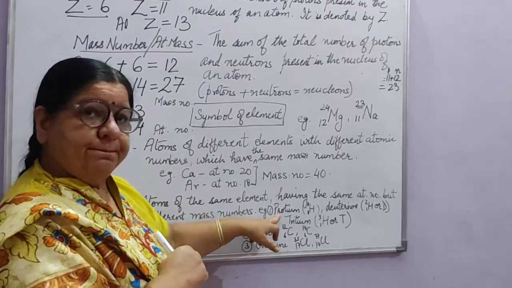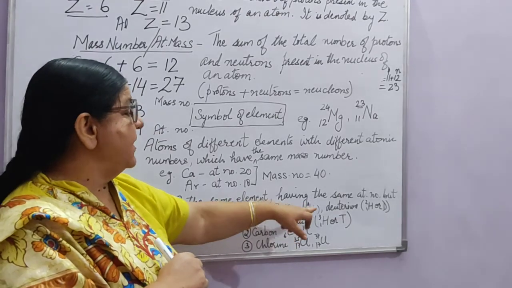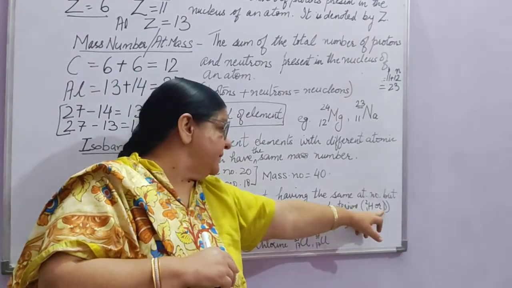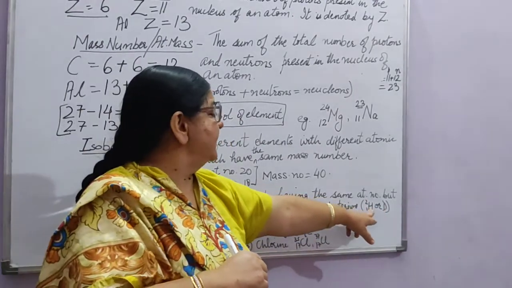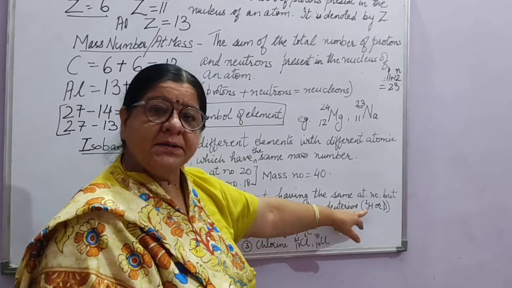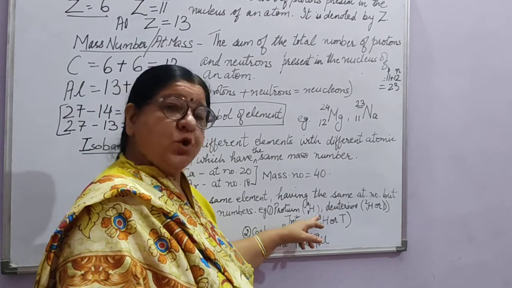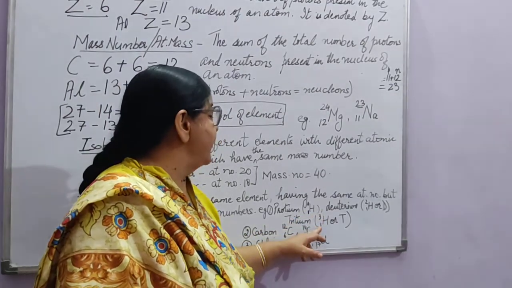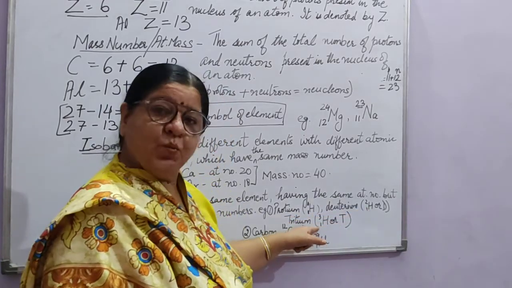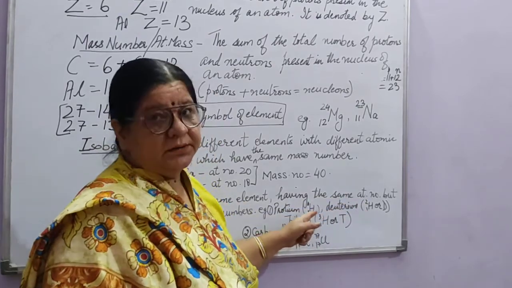Like protium, in which the mass number and the atomic number are the same, but in deuterium, which is also written as D, the symbol D, or it can be written as hydrogen with atomic mass 2 and atomic number 1, or tritium as hydrogen with atomic mass 3 and atomic number 1. Now here you will see the atomic number in all three cases is 1. But the atomic mass is different, that is 1, 2 or 3.